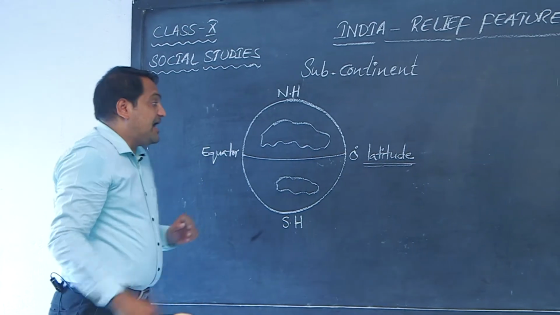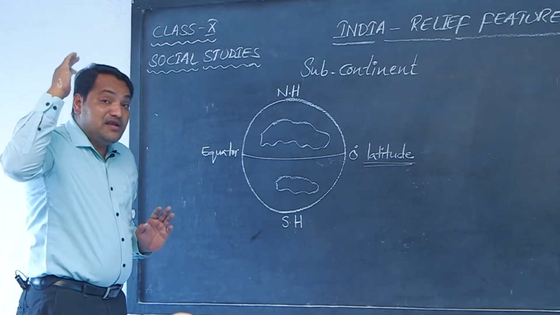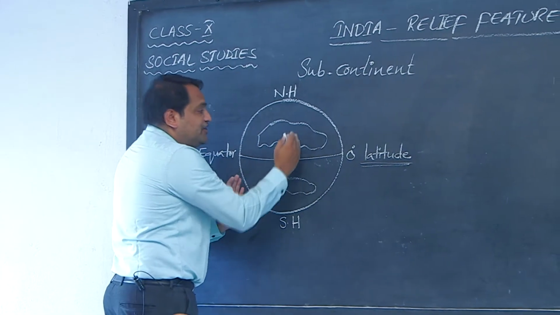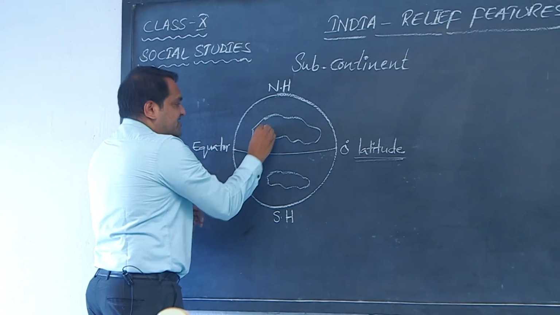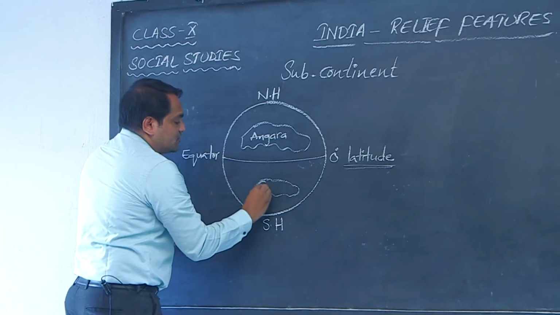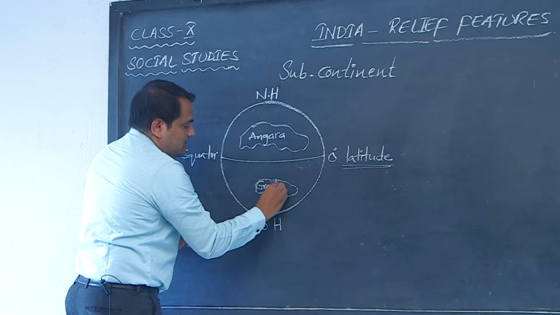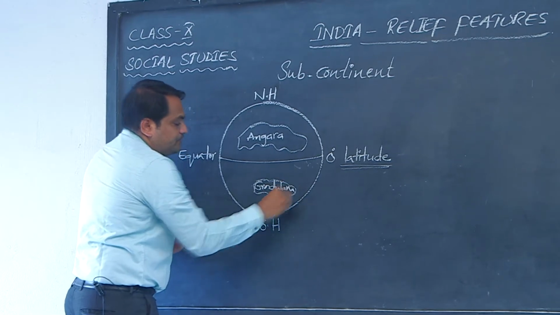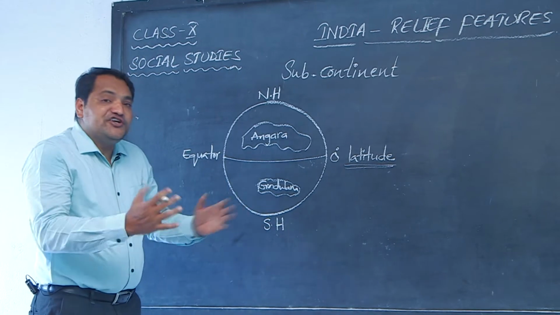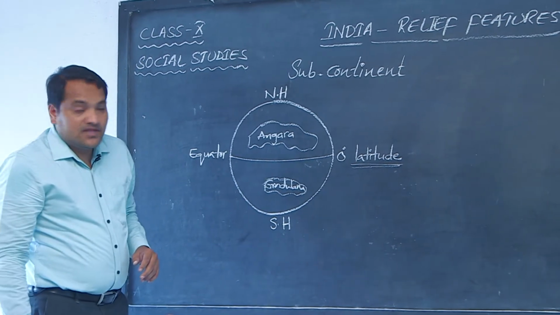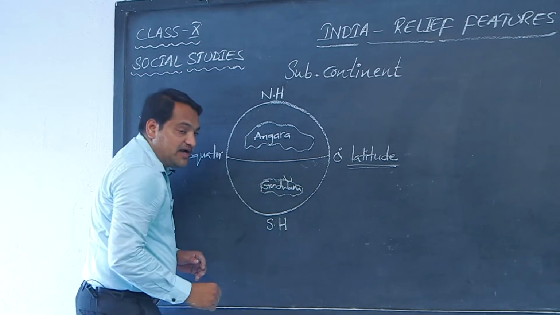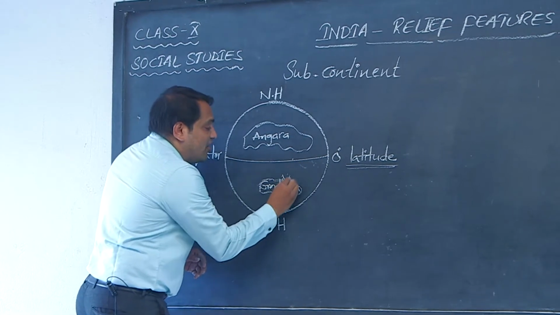Now, let's get back. Millions of years ago, the land was divided into two pieces. One is Angara and the other one was called Gondwana. These two pieces of land were continuously in motion. So, a small piece of land from Gondwana traveled in the northern direction.